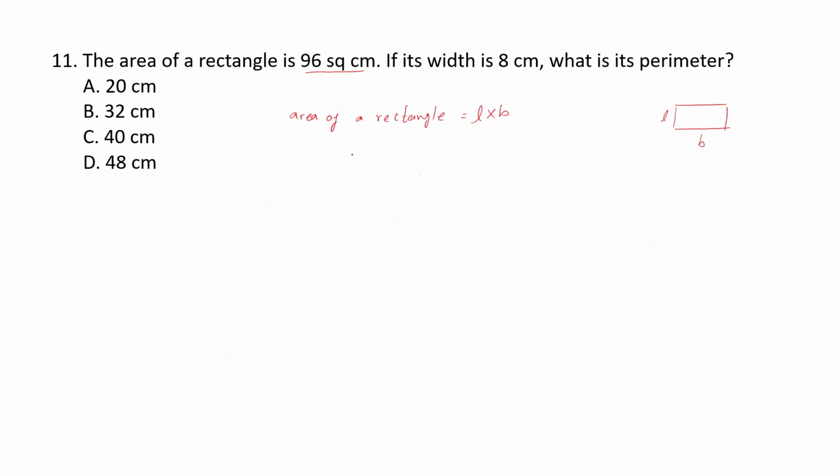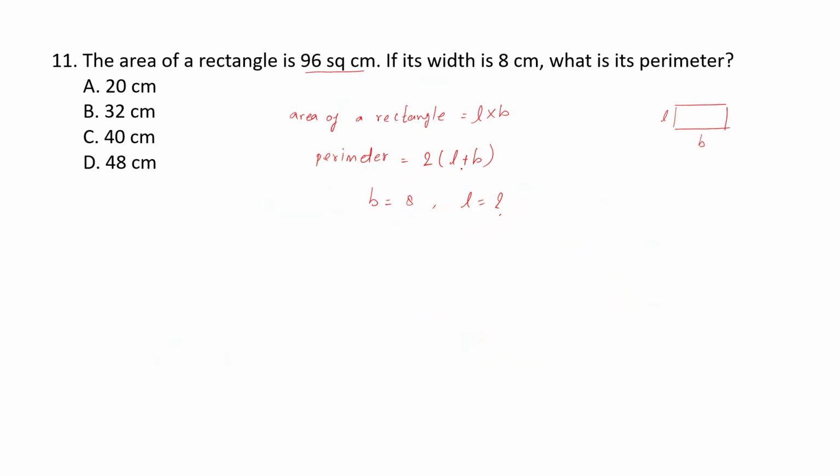So what is the formula for perimeter? It is 2 times L plus B. B is given. Remember, okay, sorry. Width is given. Width is 8 centimeter. B is given. L you have to compute. If we get to know the value of L, you can compute perimeter, right?